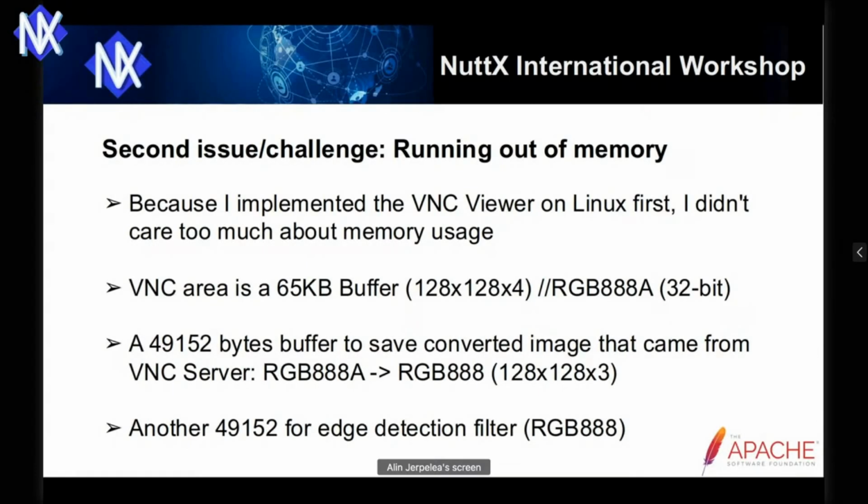And I was converting it from RGB 888A to RGB 888. So I was converting from 4 bytes to 3 bytes for each pixel. And this other buffer, to receive these 3 bytes and remove the alpha, the transparent color, was already 49 kilobytes.